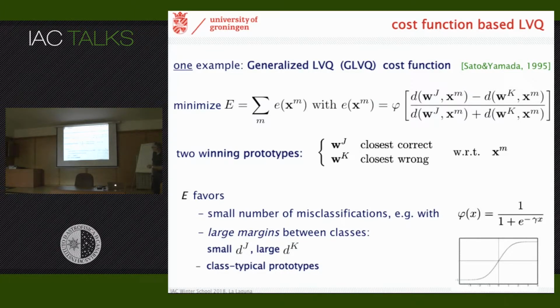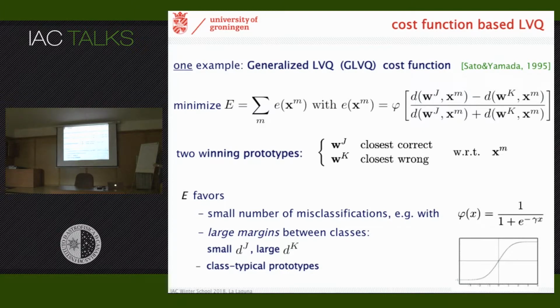Basically, what I do here is I favor a small number of misclassifications. If you think of phi being something like a sigmoidal function, then it means we favor small values, negative values preferred, of this argument here, and we punish large values, positive values of this argument.